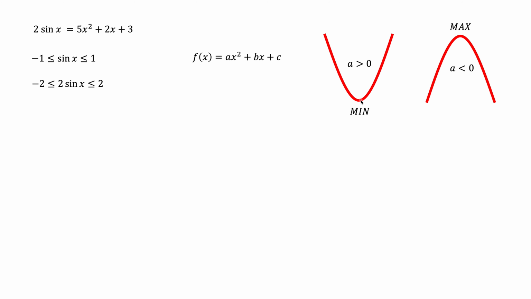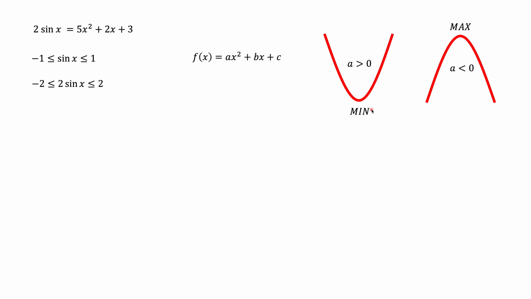If a is negative, we have a maximum in the function. In our case, a is 5, b is 2, and c is 3. A is 5, it's positive, so our function looks like this, and we have a minimum.